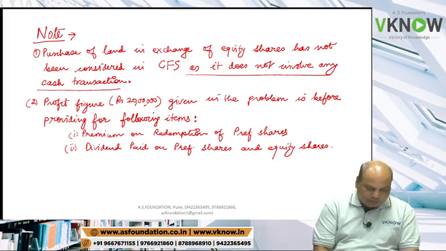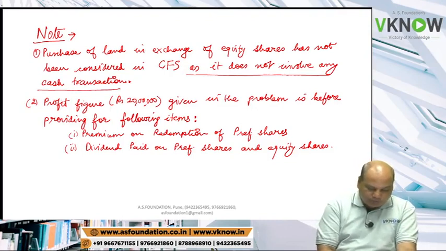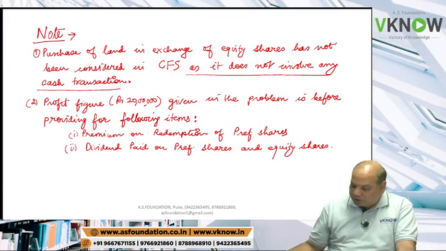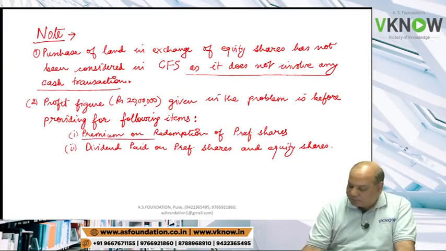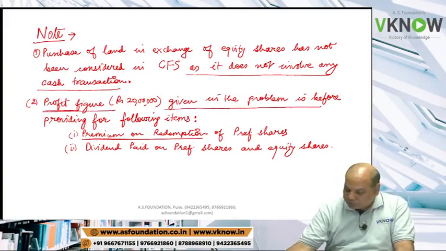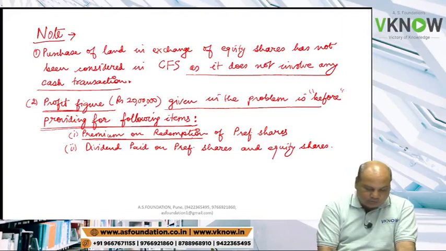So it appears from the question that the profit figure given to you is charging before charging these two items. So your query is valid. Normally we add premium on redemption to profit, but what I have written, profit figure given in the question is before making provision for following items. So with this assumption, this answer would tally.